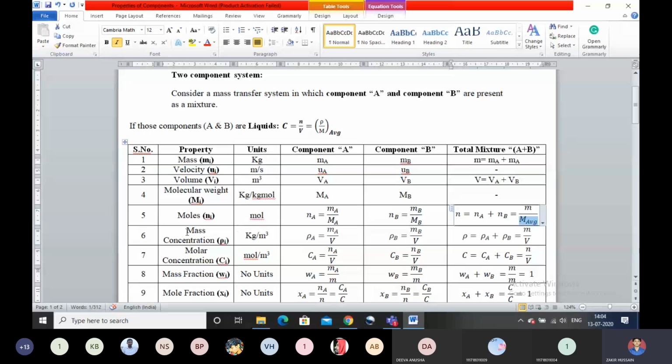Okay. Then next property is the mass concentration. We already defined it earlier, at the start of this first unit. Mass concentration is denoted by rho i for the ith species, whose units are the same as density, kg per meter cube.